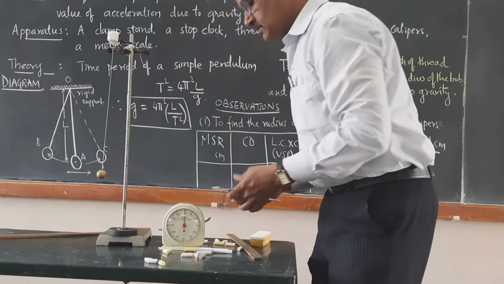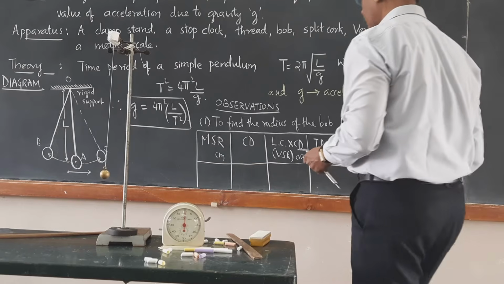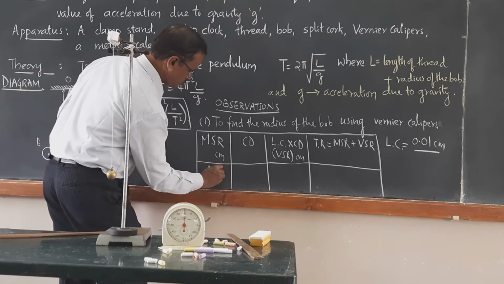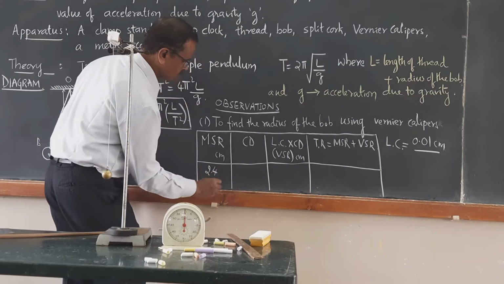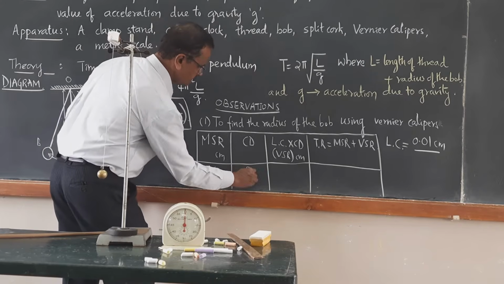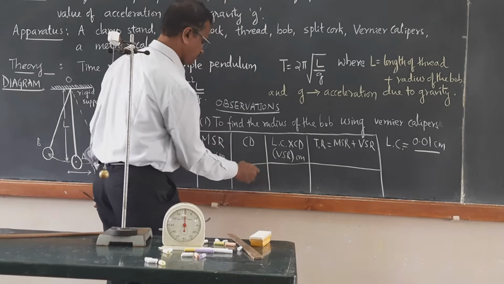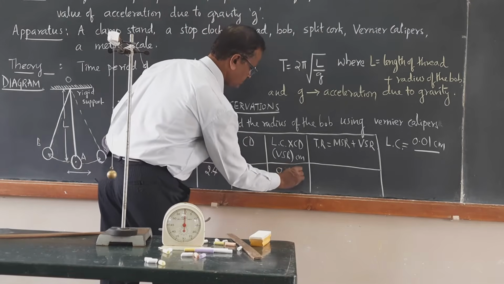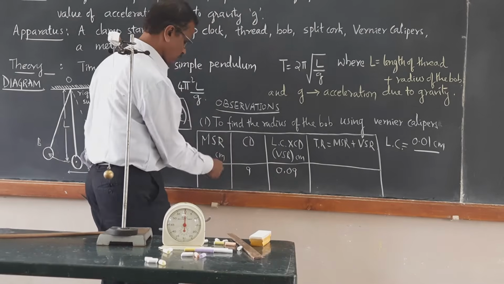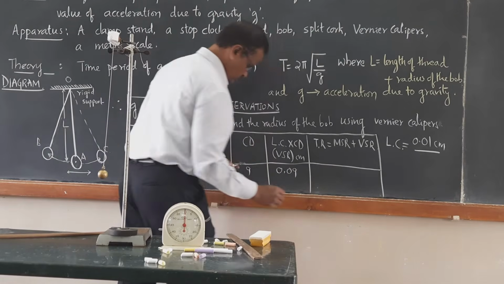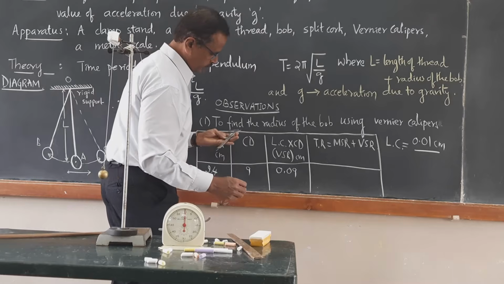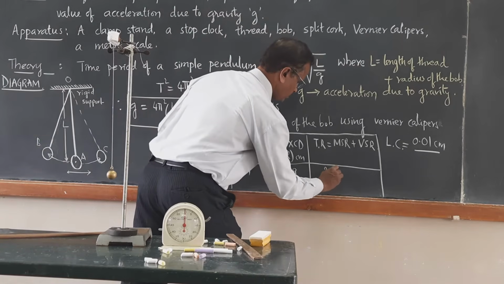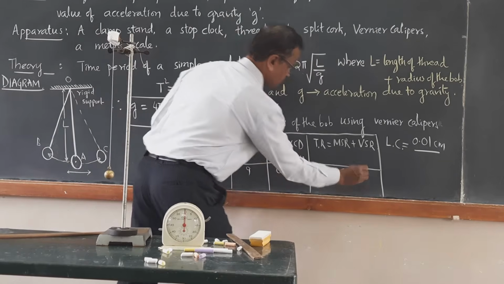So LC into 9 becomes 0.09, and it becomes 2.49 centimeter. This is one.